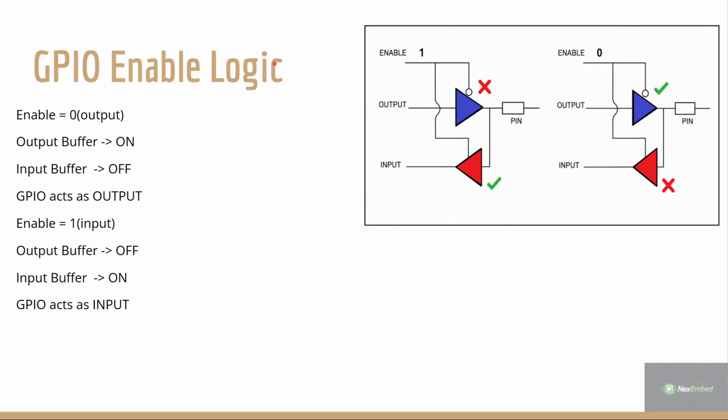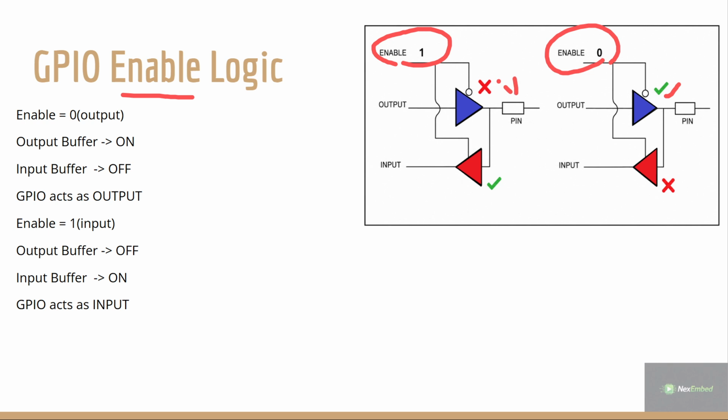Then this is the logic behind the enable pin. If my enable pin is set as 1, at that time the pin will act as input, and if my enable is 0, at that time it will act as an output pin. So input pin means enable is high, then this pin will act as an input pin.